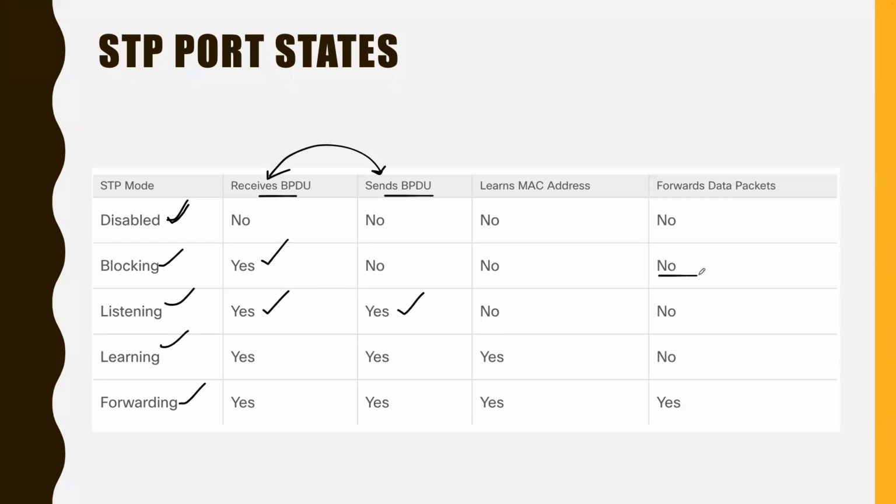Data packets also, we cannot send in the blocking state. Within the listening state, we are just receiving and sending the BPDUs. Within learning, the additional difference is that we can learn the MAC addresses. In the forwarding state, this is the nirvana state, we can receive and send BPDUs, and we can also receive and send data packets.